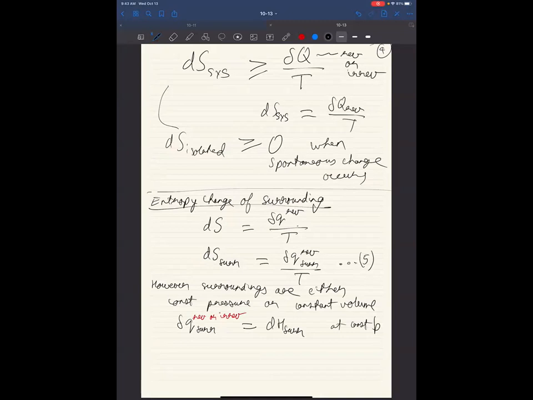Is everyone happy with this? We have seen this for the system, we are just changing our viewpoint and looking at the surrounding. And delta Q of the surrounding, reversible or irreversible, at constant volume can similarly be written as, notice we have taken this delta and replaced it with a d, we have taken the path function and made it a state function. What should I write over here at constant V? dU, right? Change in internal energy.